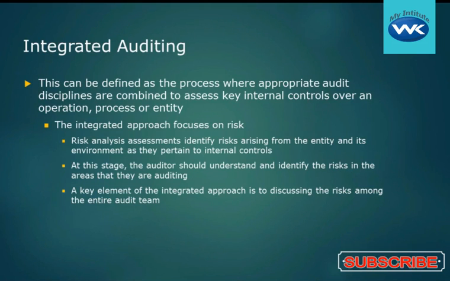That's a part of what they need to do. And likewise, when we're doing the IT-IS audit, we need to understand the business processes like the financial part that can be affected by having controls that are not up to date, up to speed, or adequate for the job. And so we need to kind of integrate these two areas together because they have some overlap where they can affect each other.